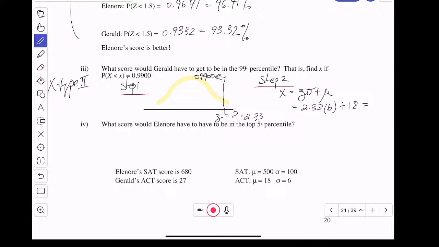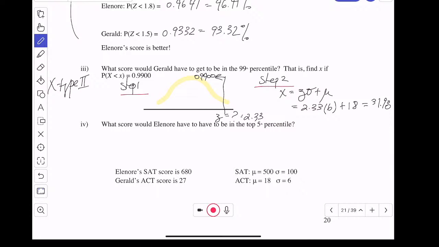So the score is $31.98. Very good. I don't have any units, it's just the score, so I just leave it like that, 31.98.